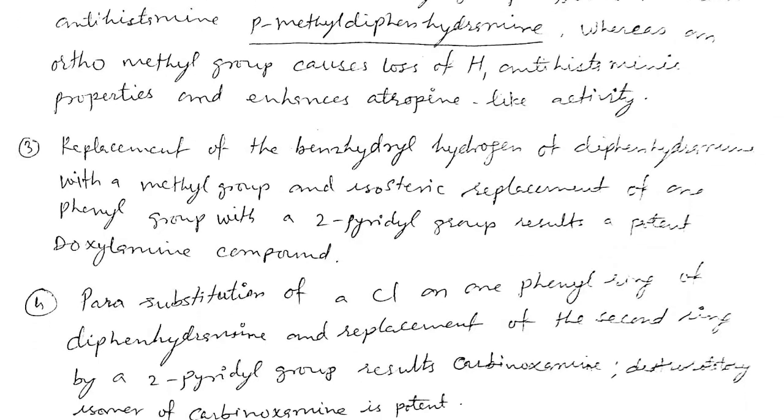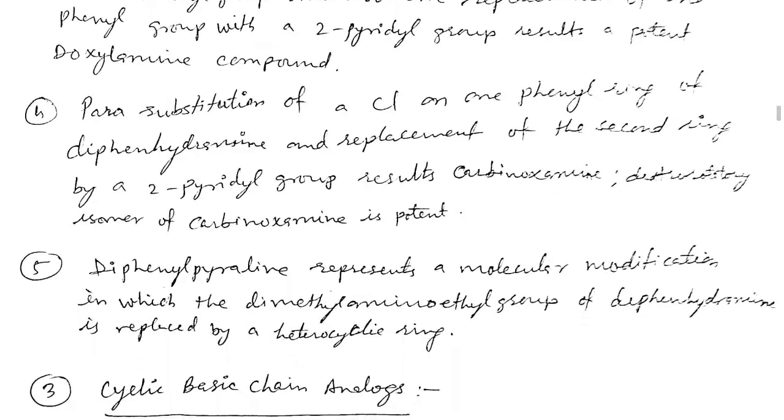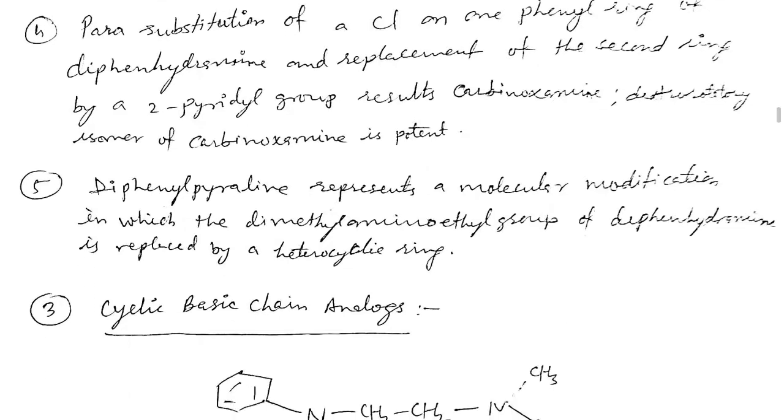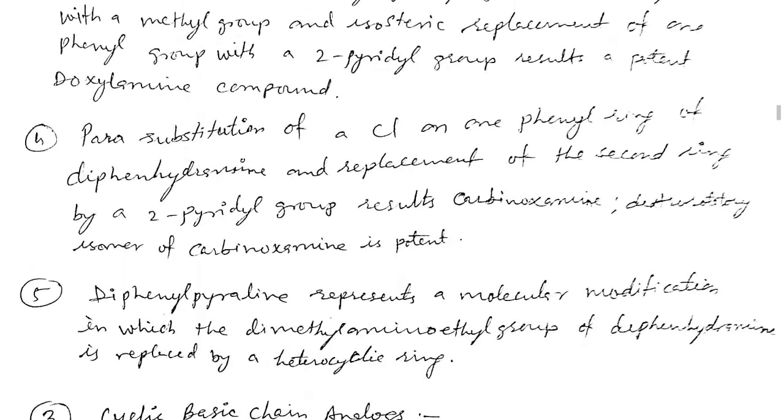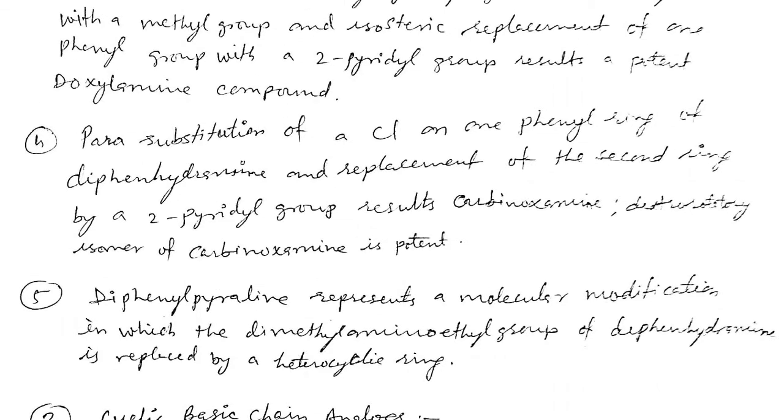Similarly, if the CH group is replaced by a methyl group and a pyrrolidine group, the potency will increase. And with a chloro group at the para position of the phenyl group, chlorodiphenhydramine, the potency will definitely increase. And finally, diphenylpyraline is another molecular modification.